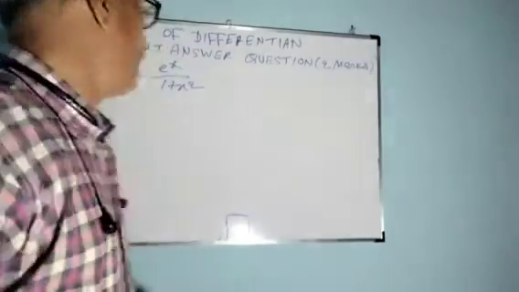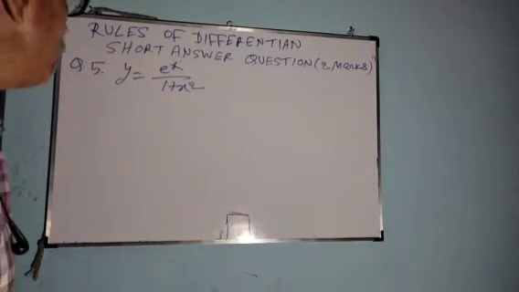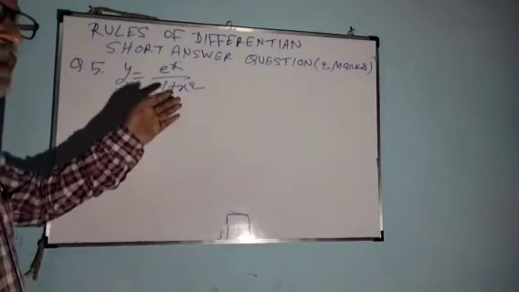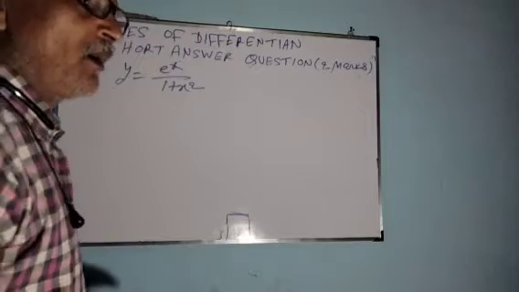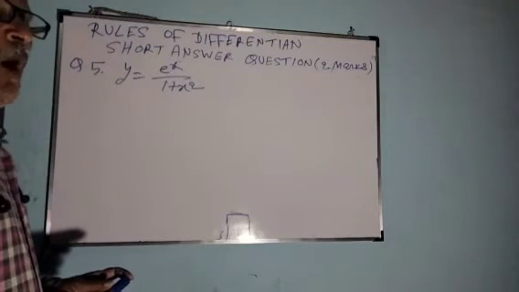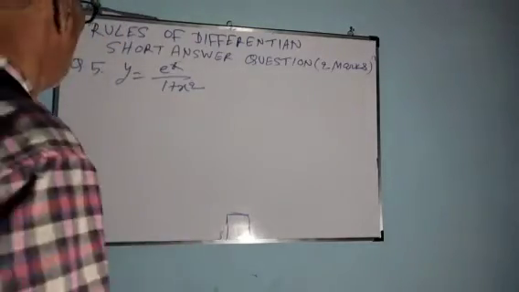Question number 5. y equals e^x / (1 + x^2). Here the function is in the form of the quotient of two functions. So we use the formula for obtaining the derivative of the quotient of two functions.